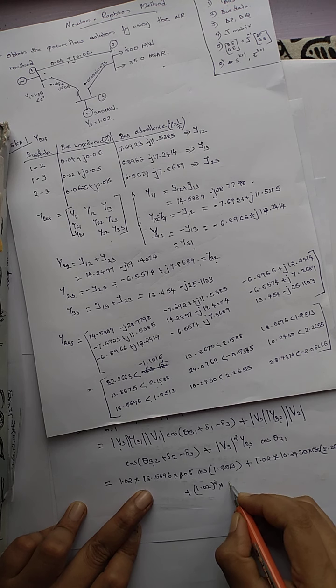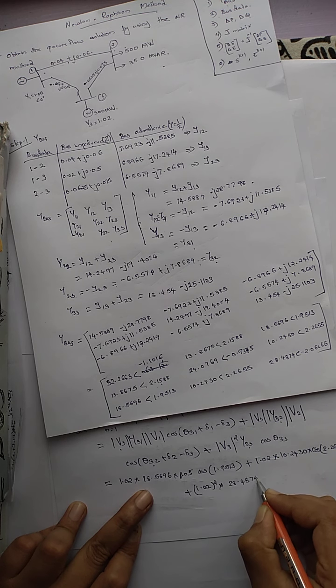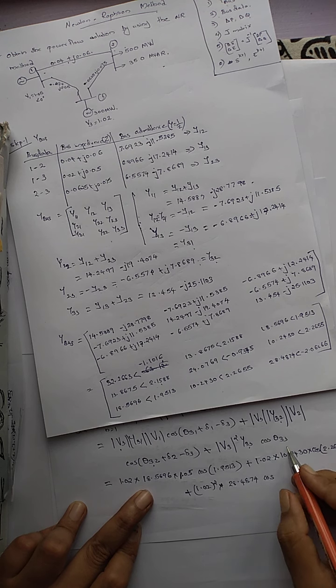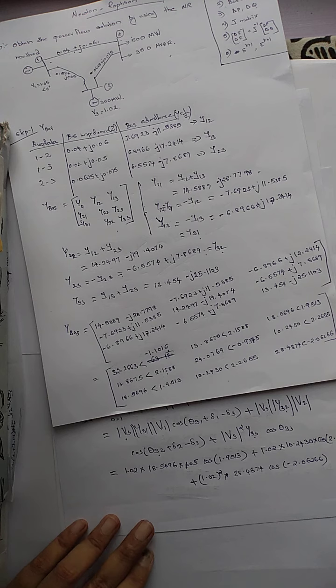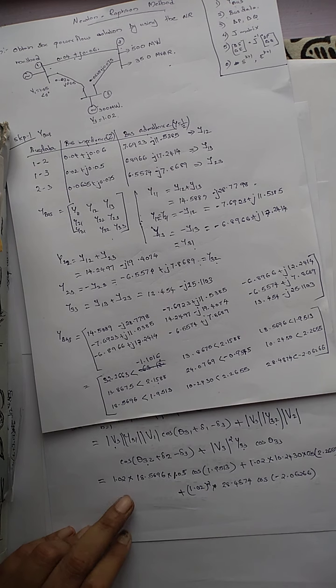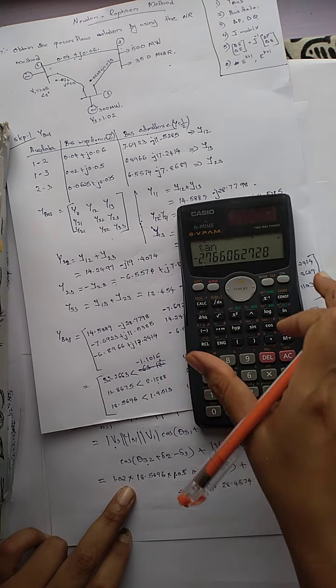Y33 value is 28.4874, and cos theta 33 is minus 2.06266. So this will be the value, and I have to substitute it here.